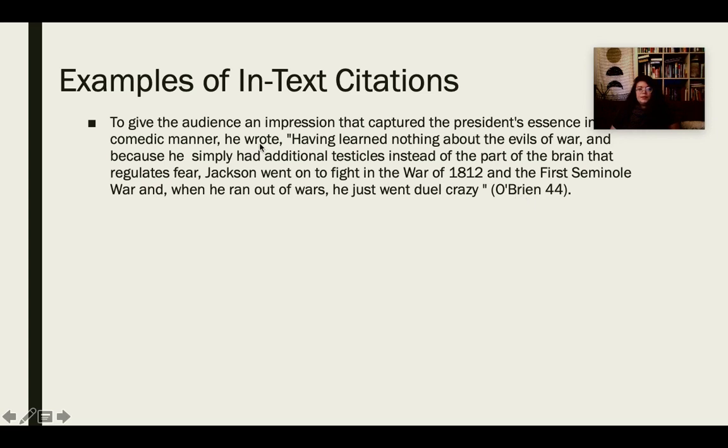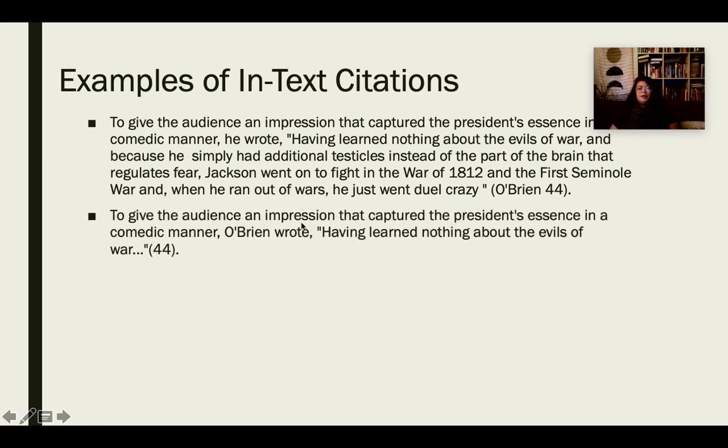Right? And so because I do not name O'Brien right here, I have to name O'Brien after the source information or after the quotation, right? So we do that because we have to be able to locate this on our Works Cited page. And so because I did not name O'Brien here, I have to name him here. So O'Brien, 44.